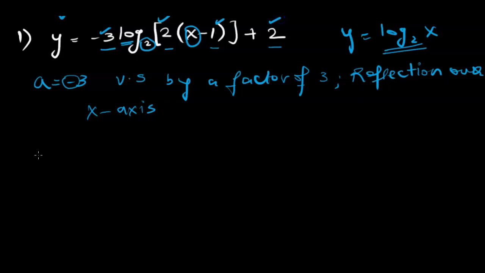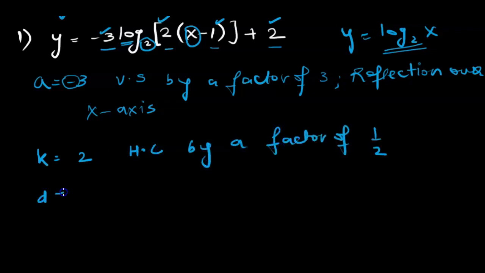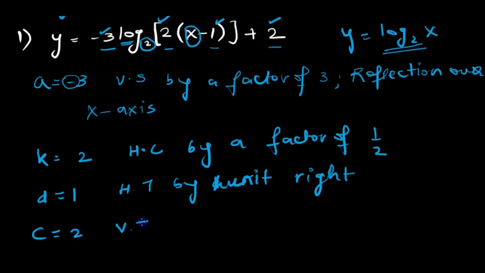So that was the meaning of a. Next we'll explain k. K is 2, which is greater than 1, so it's a horizontal compression by a factor of 1 over 2. Next, d is 1, which means a horizontal translation by 1 unit right. C is 2, which means a vertical translation by 2 units up.